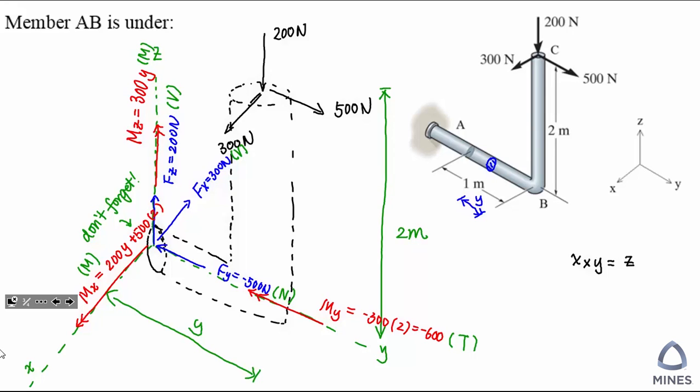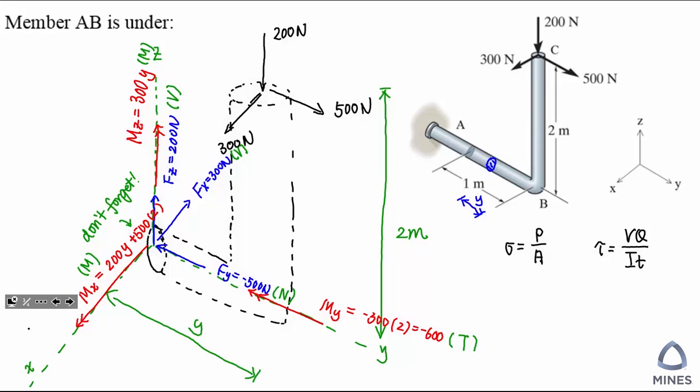So now let's go back to talk about why we need to figure out each force. Is it going to be normal or shear or the bending moment or the torque? Because we have a different formula to calculate the stress. So for the normal force, we are going to create normal stress, and we use this equation to do the calculation. However, if it is a shear force, we are going to create shear stress, and we are going to use VQ over IT to calculate the shear stress.